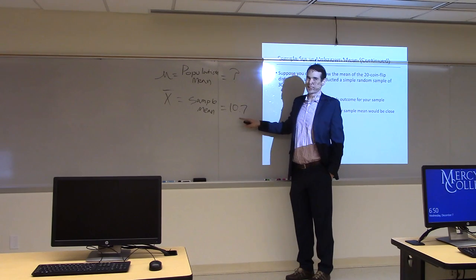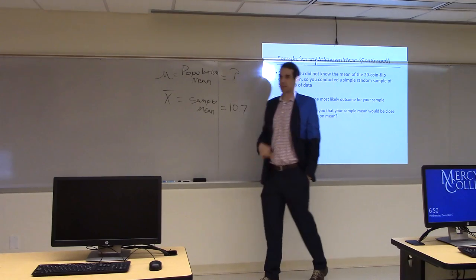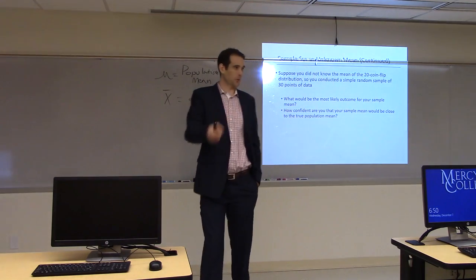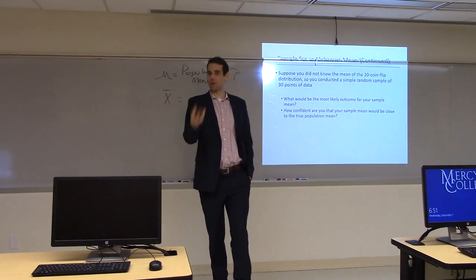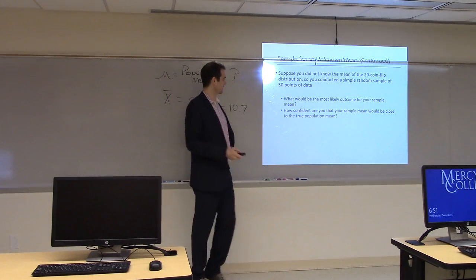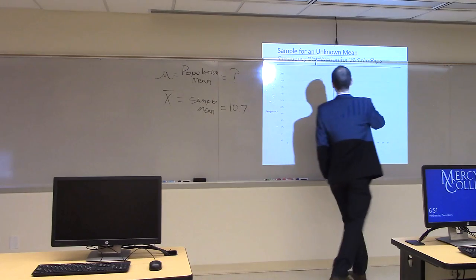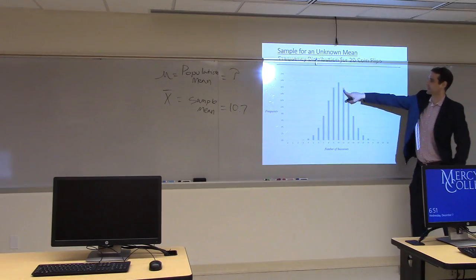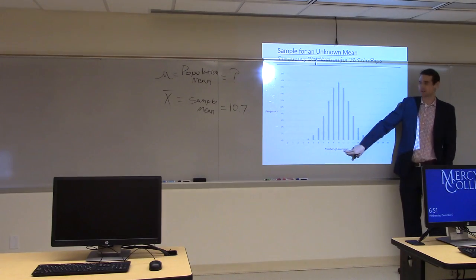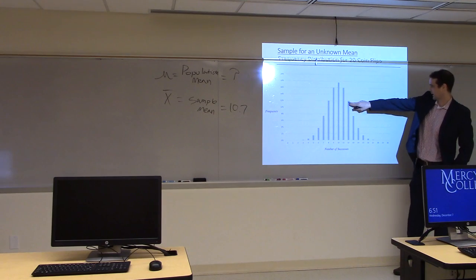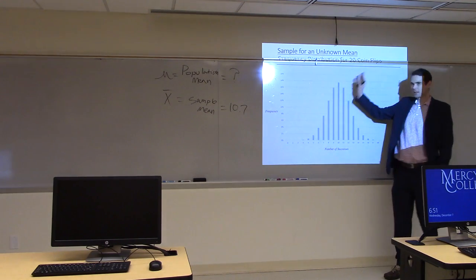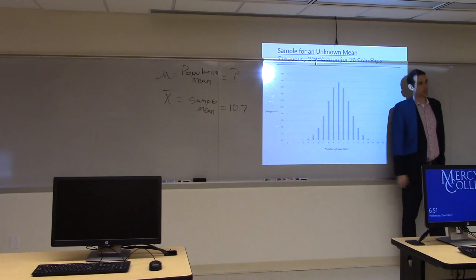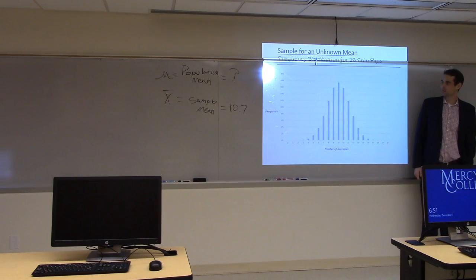Why wouldn't the most likely outcome for this experiment be the actual thing we're trying to determine? It would be 10, because that is the most common outcome. Maybe sometimes some of the people we ask have 9, some have 11, a lot of the people we ask got 10, maybe one of them would have 12, another one might bounce out at 8. Most likely outcome would be 10.